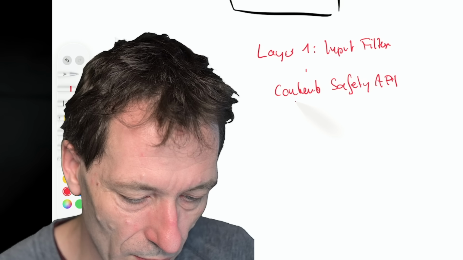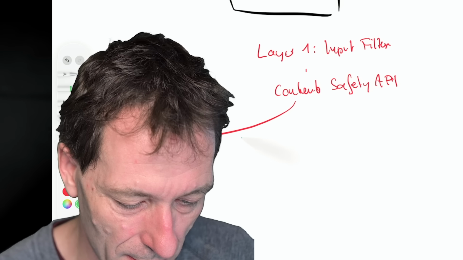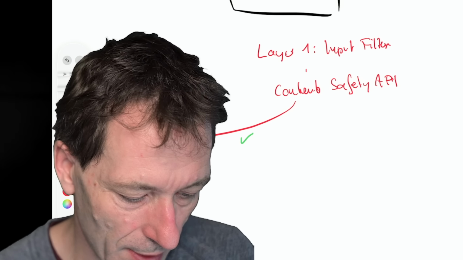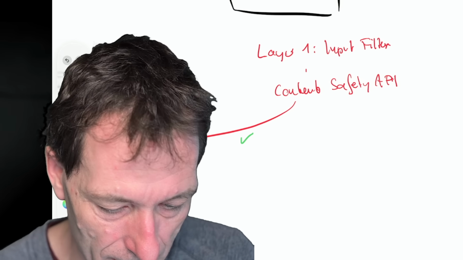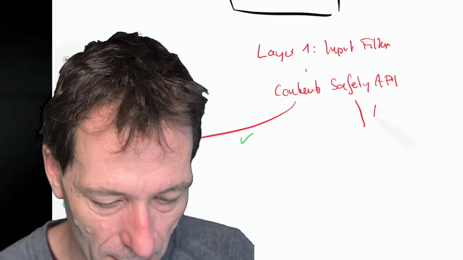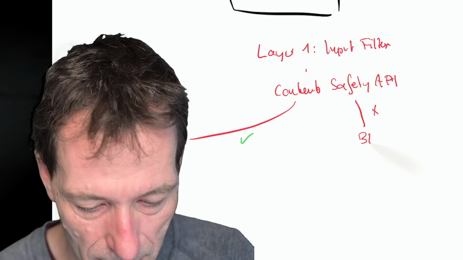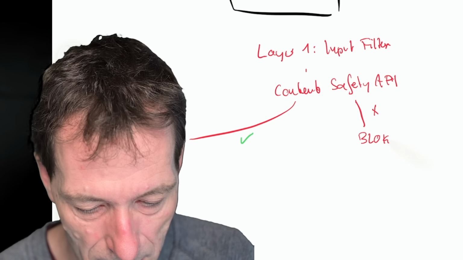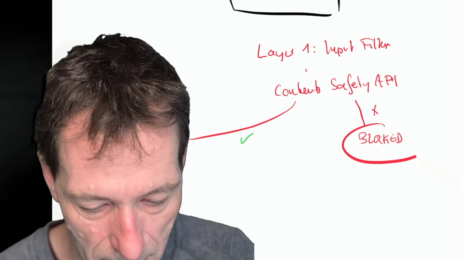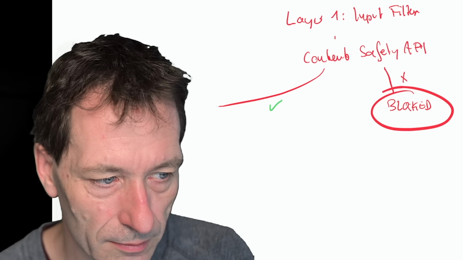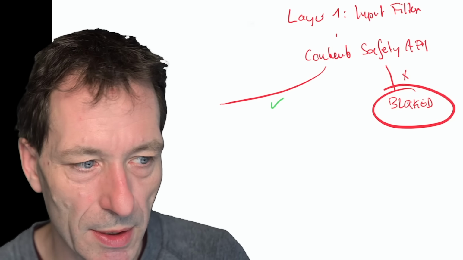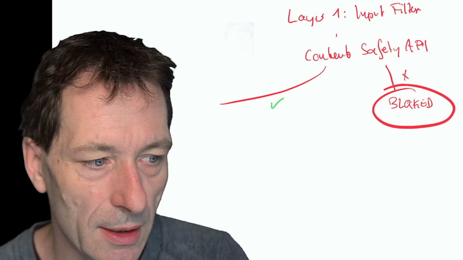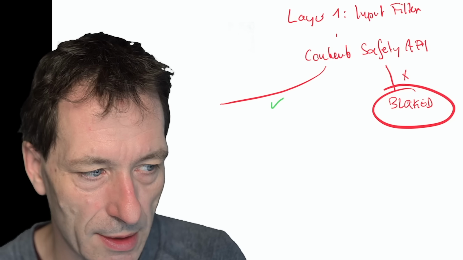When you go through this and everything is okay, then that's fine. When you go through this and it's not fine, then you get blocked. This checks for hate speech, violence, self-harm, sexual content, all that stuff.